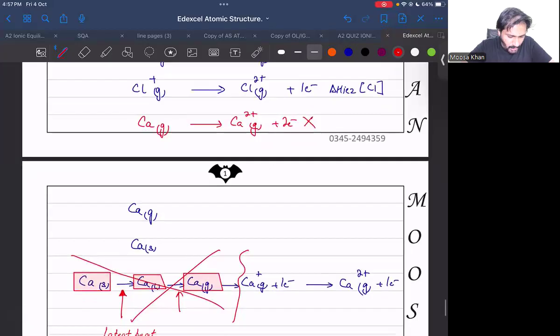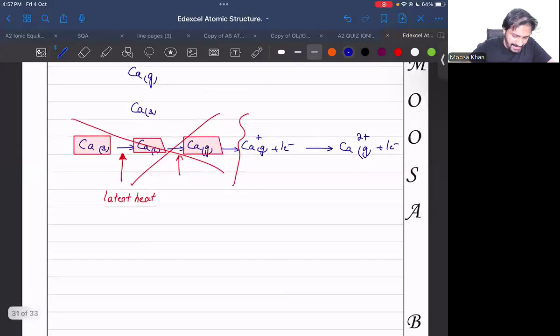Okay. So how would you write the equation for the second ionization energy of calcium? It should be when 1 mole of electrons is removed from 1 mole of calcium positive 1 ion to form calcium positive gaseous 2 ion. Right?